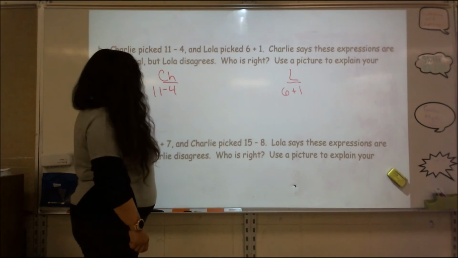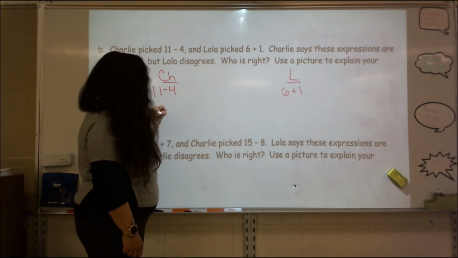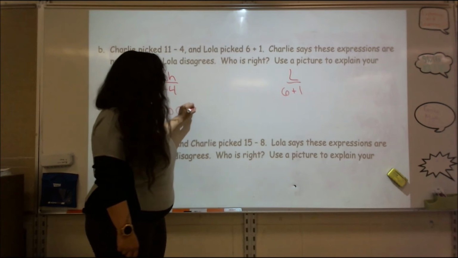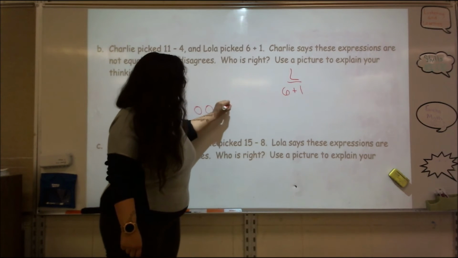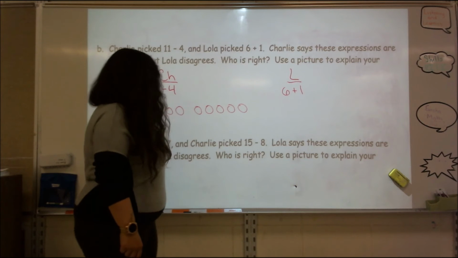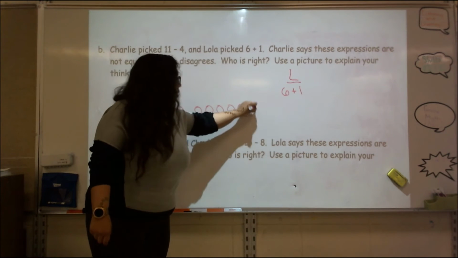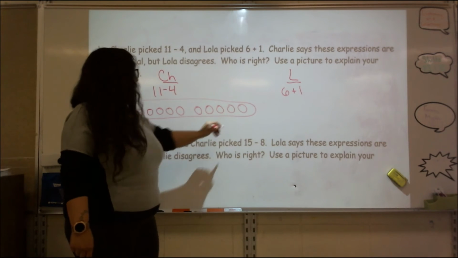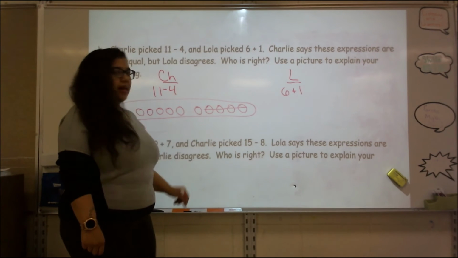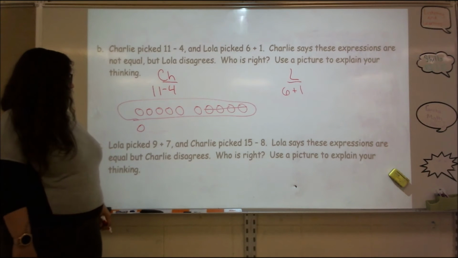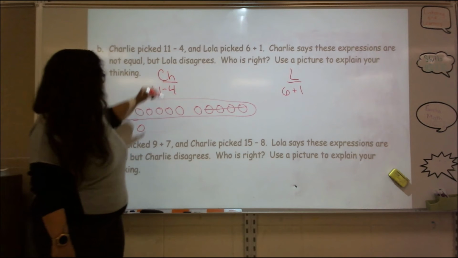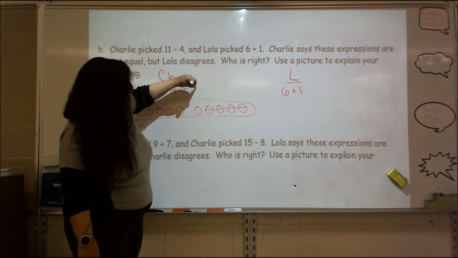11 minus 4. So 1, 2, 3, 4, 5, 6, 7, 8, 9, 10, 11. Indicate a group of 10 minus 4. What's 11 minus 4? 7. 11 minus 4 is equal to 7.